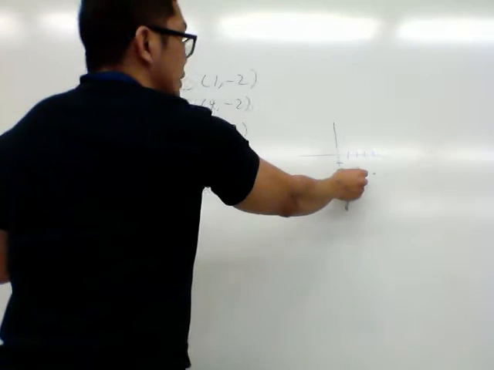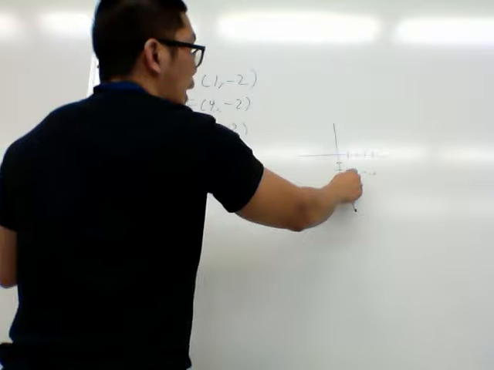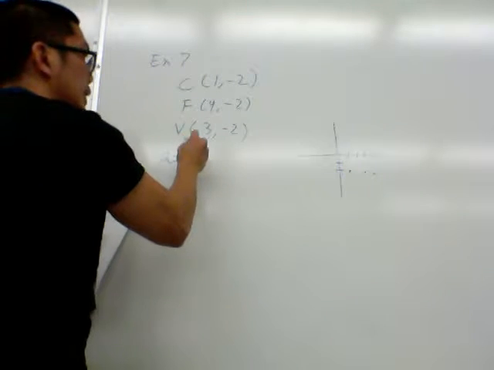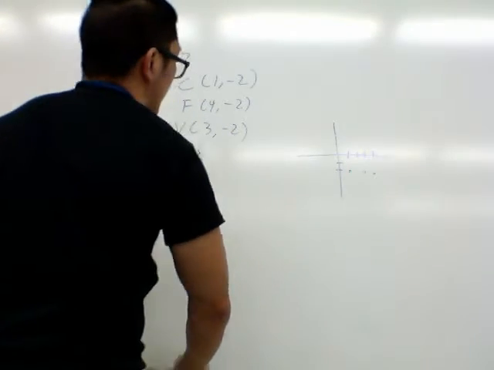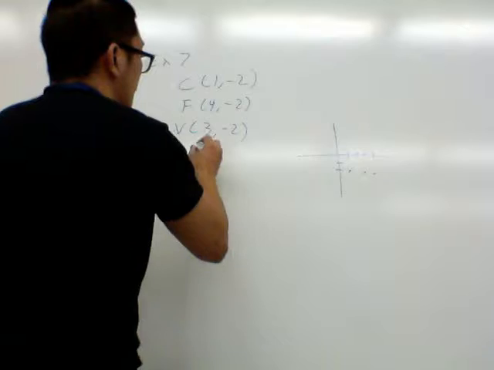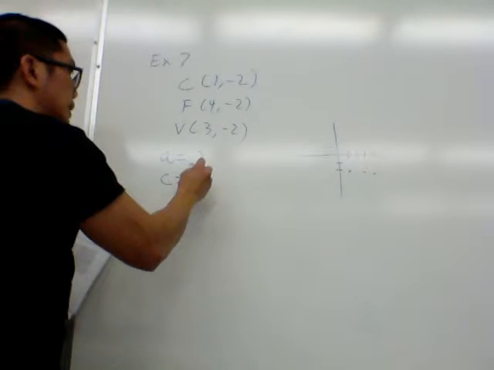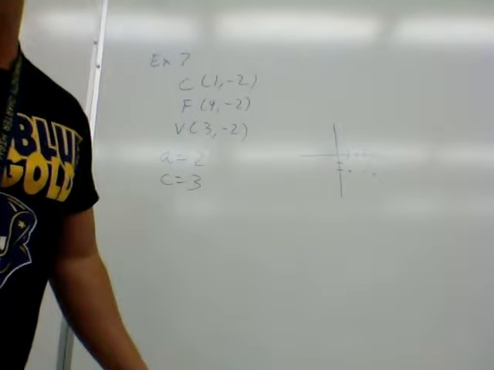So looking here, if this is my center at 1, -2, I am 2 away from my vertex. So A is 2, and I am 3 away from my focus. So C is 3. So A is 2, C is 3.